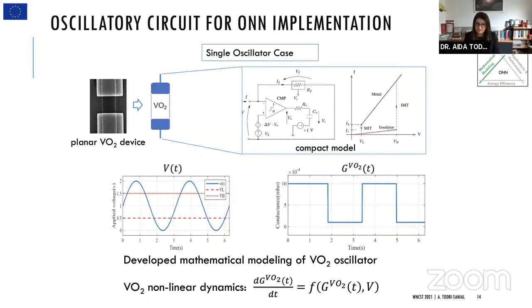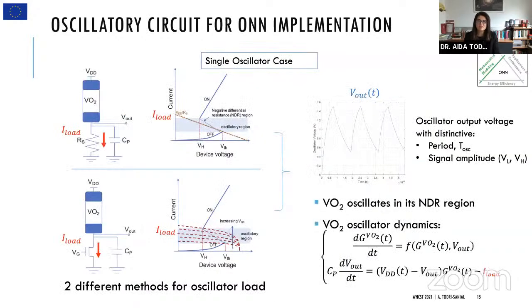So this is for a single oscillator case, which allows us now to further understand, as I mentioned, on this negative differential resistance region, how we load the VO2 device actually matters and also controls the oscillator output frequency and also the amplitudes and the period, the signal amplitude, which are important features for how you can build a circuit in an architecture.